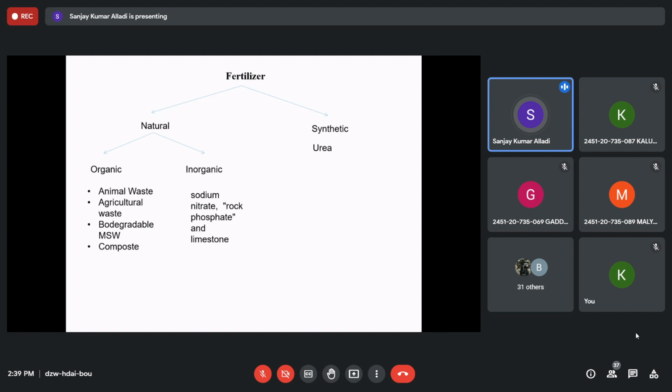And then the soil becomes totally urea dependent, that is, synthetic fertilizer dependent. If we stop using synthetic fertilizer, the soil will die. That means it becomes barren and degraded because it has lost its capacity to rejuvenate on its own and build up the fertility of the soil. So these are the problems.